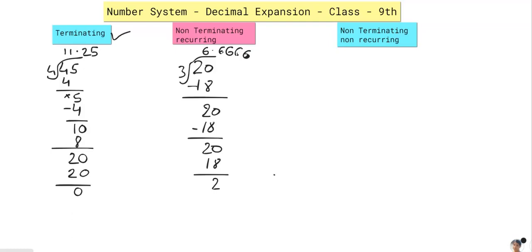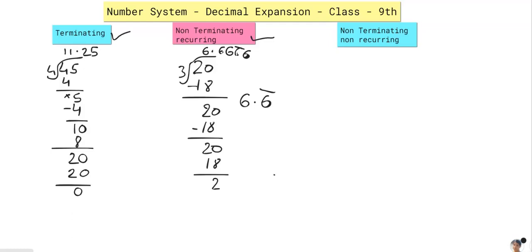So this decimal expansion is a non-terminating recurring number. Recurring means repeating and repeating. You are getting 6 repeating here, and you will write 6.6 bar. We will not write the repeating digit again and again.